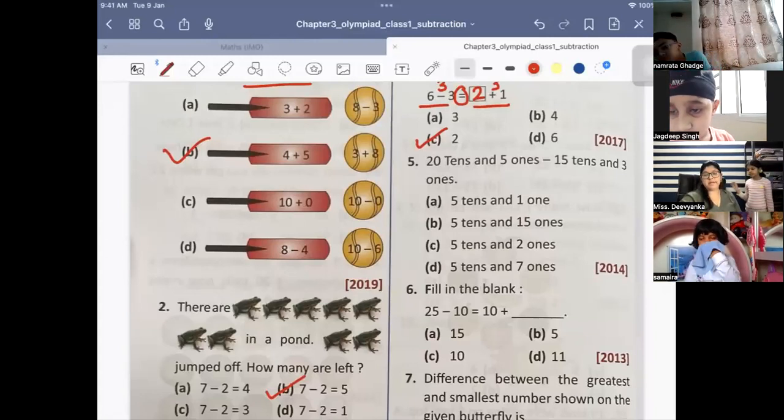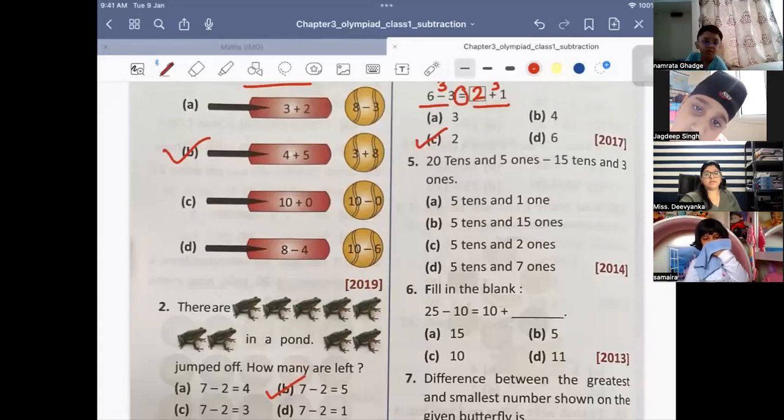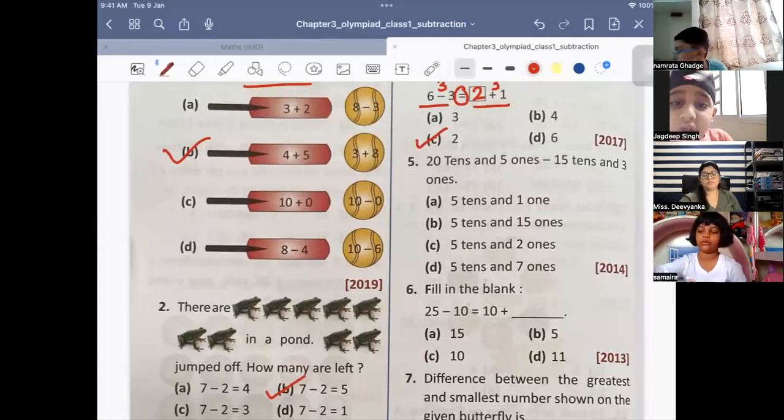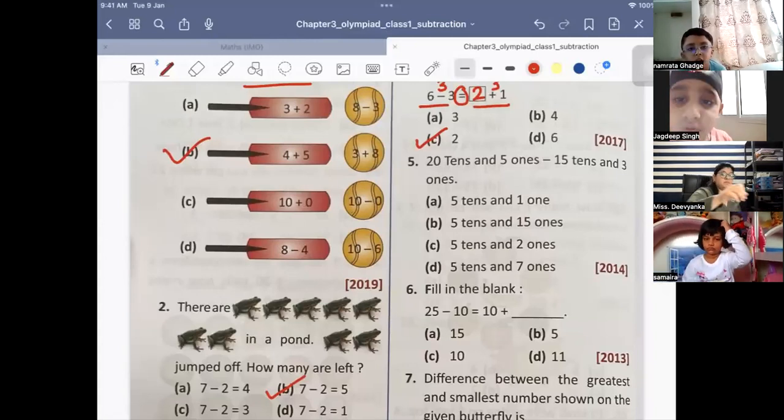Now this one is kind of tricky. Let's see what answers you get, because based on the options, you have to find out how to solve it. It's not the usual one. So first think what options are there.